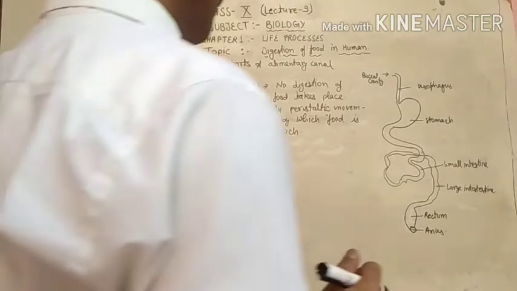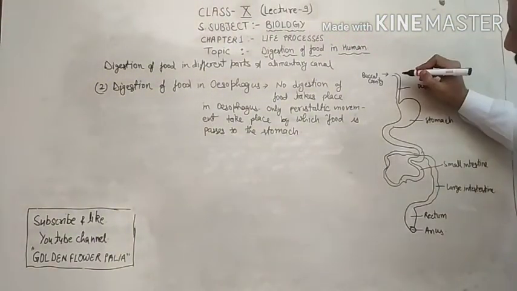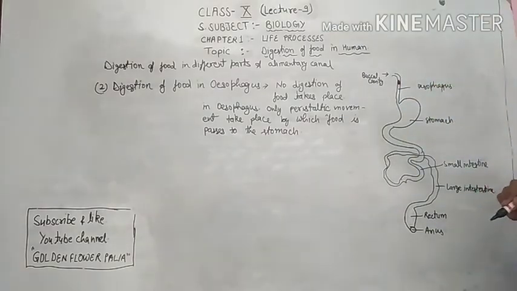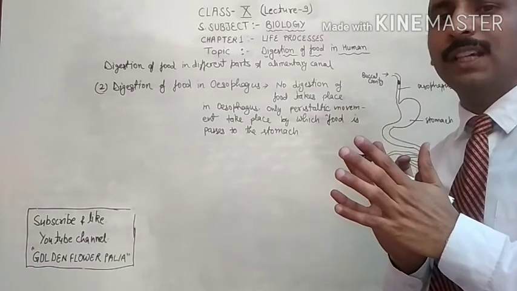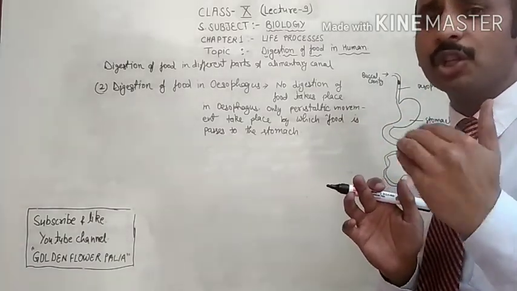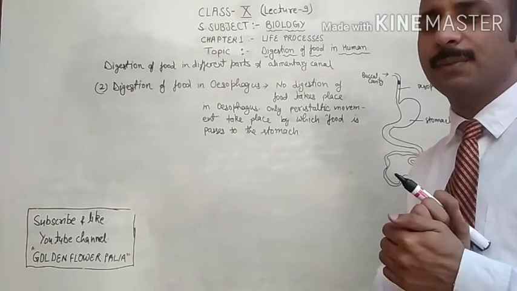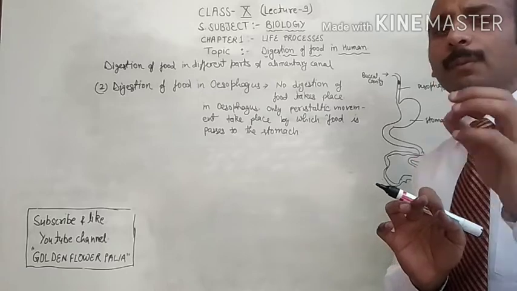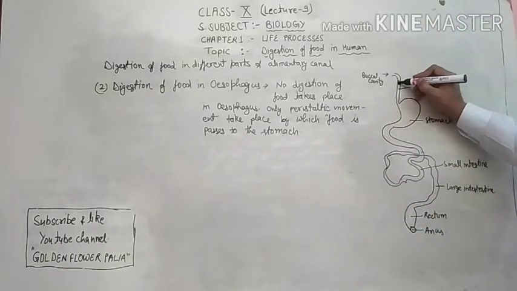Okay. Now for example, you can see here, this is the esophagus. When the food bolus is here, then in esophagus no digestion of food takes place, but here in the esophagus a special type of the movements takes place, that is called the peristaltic movement. Due to the presence of the peristaltic movement, the food is transferred or passed from here, then here, then here.